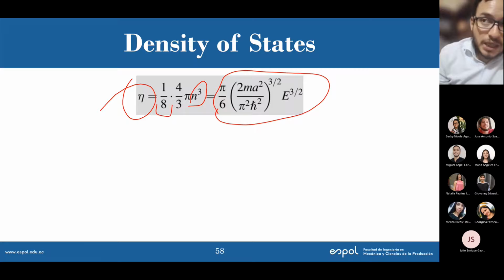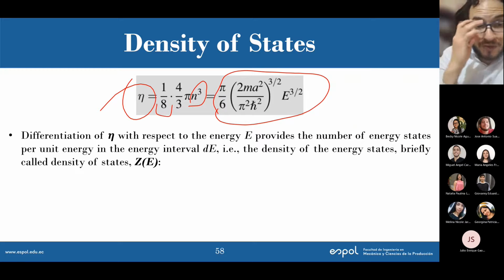So basically, we think about how these energy states are distributed. Now, if we take the derivative of this function with respect to energy, I'm actually going to get the density of states.